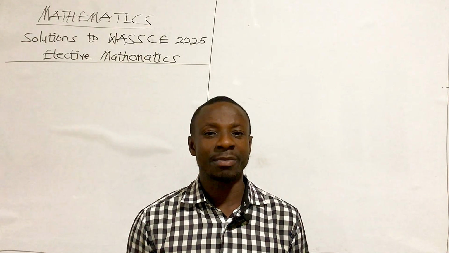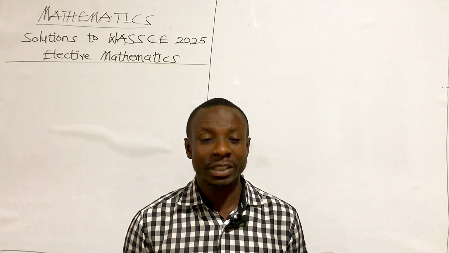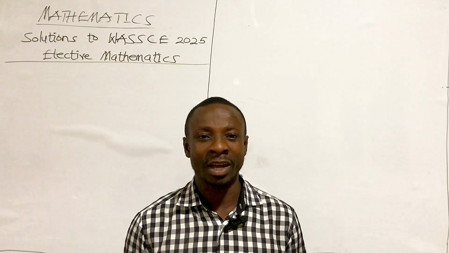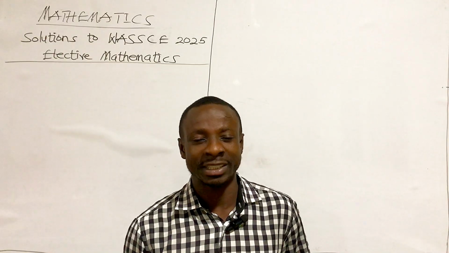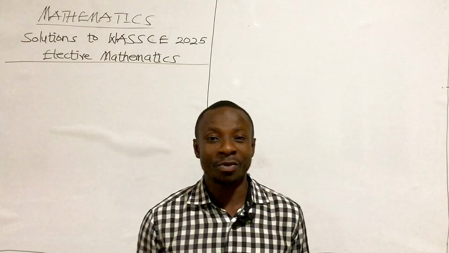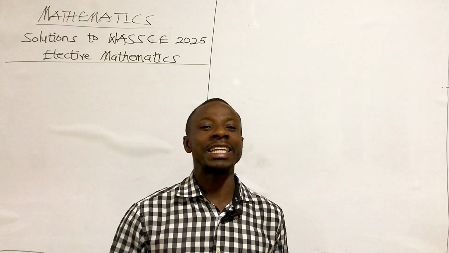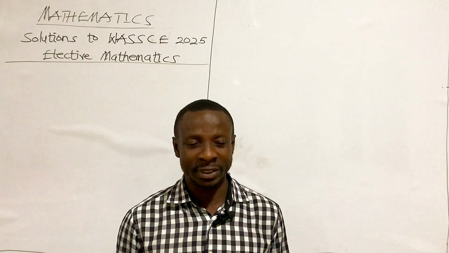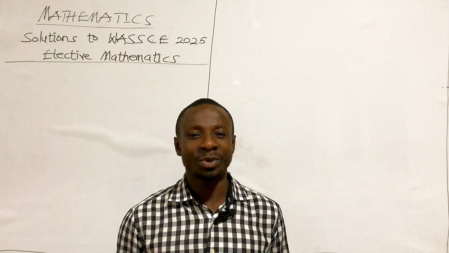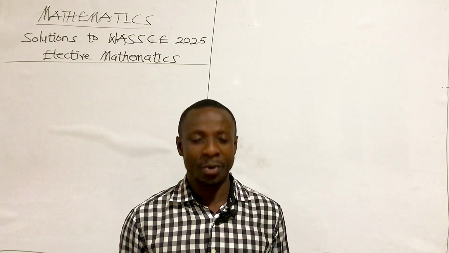So with the elective math that they sat for in 2025, we are here to look at the solutions to the questions. They were supposed to answer 12 questions in all, 8 compulsory questions, then select 4 from the optional part. So in this video, we are going to look at some of the questions.